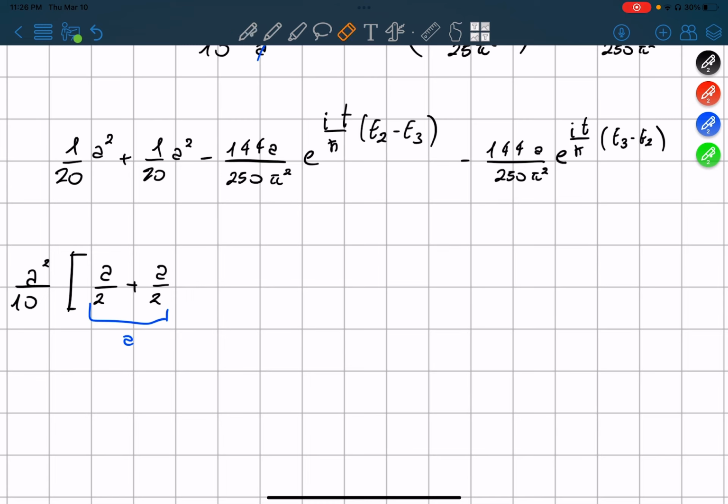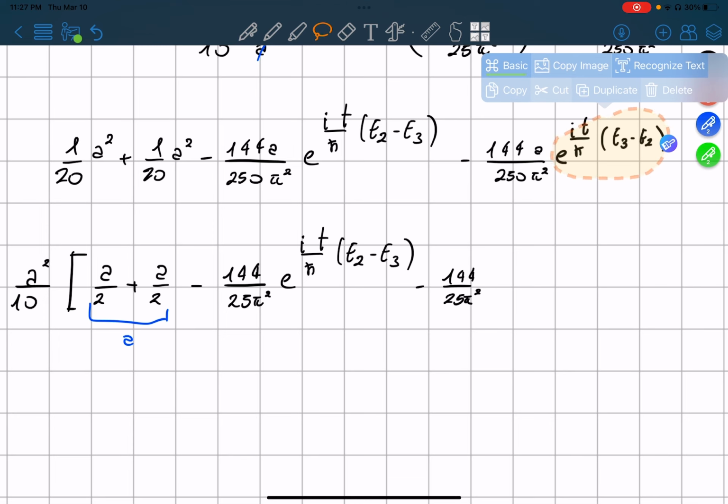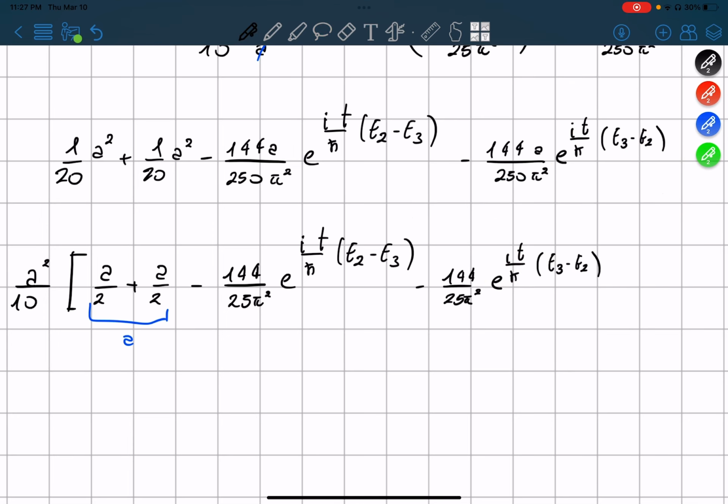This one cannot be touched because they have two different coefficients. So 144 over 25 pi squared, and then the e remains the same, and then minus 144 over 25 pi squared, and then e, that is again the same.